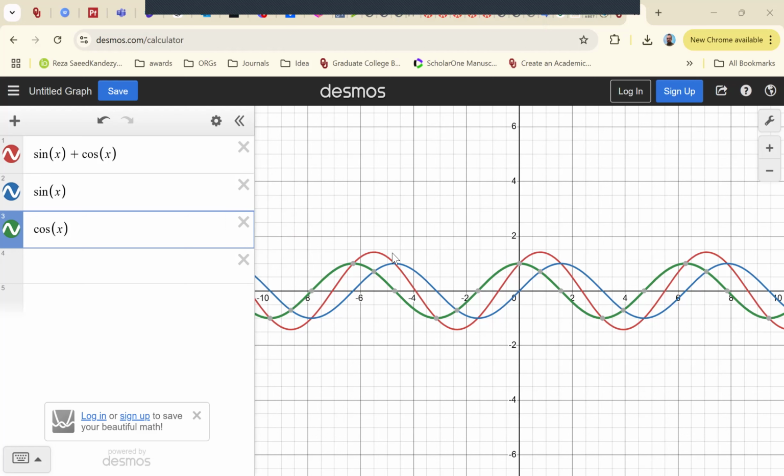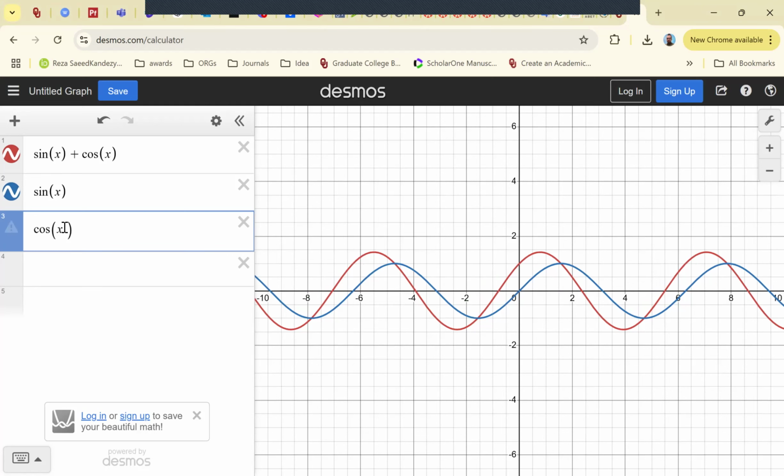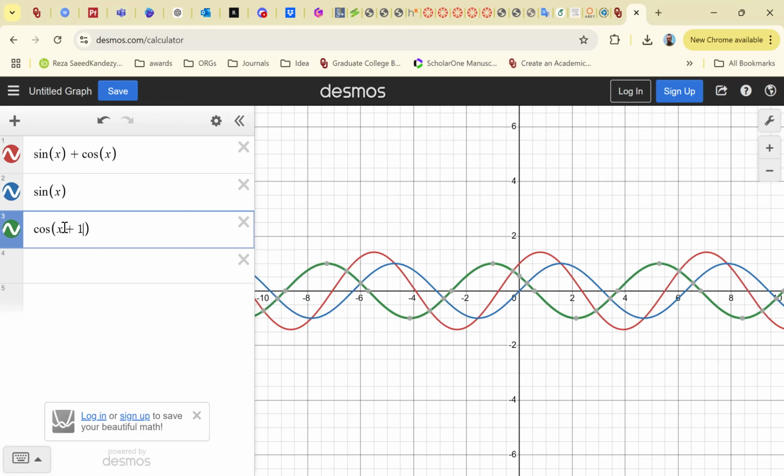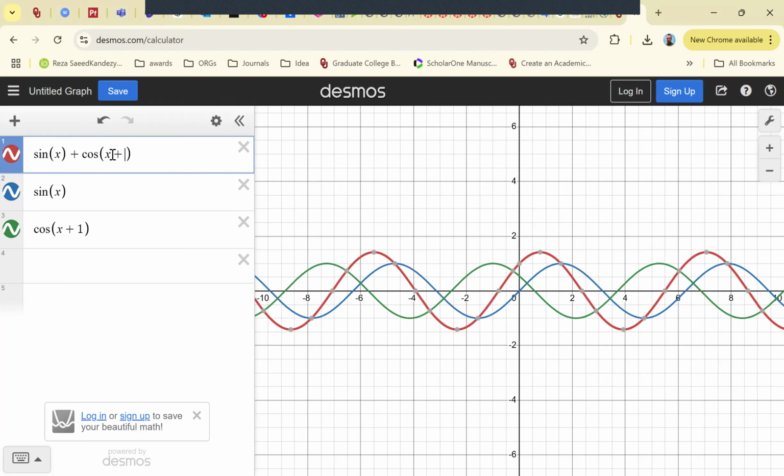Okay. The green one and the blue one, consider them as sinusoidals of one frequency with a 90-degree phase shift. I'm going extreme to show the effect. Now you can see the red one is at a different level. Now, if I manipulate this plus 1, see how it decreased?